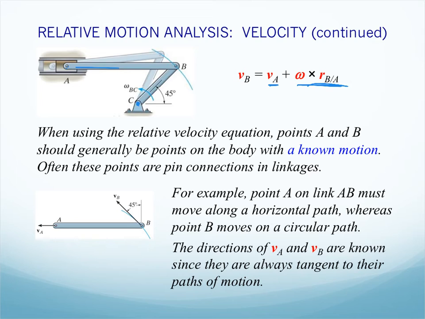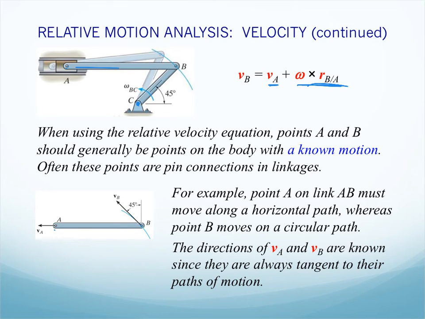So basically the idea is if you know one of the points and you can describe another point relative to it and its rotation, you can actually figure out how fast it's moving. So for instance, here's a picture where A is moving to the left. Now B is sort of rotating. We know that it's rotating here because of the way that it's drawn.